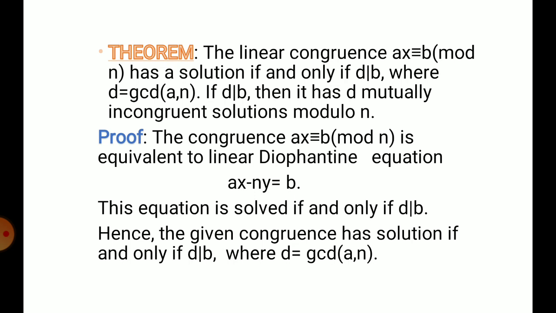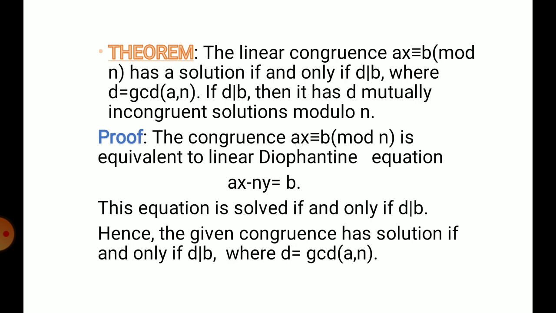Now we shall prove the theorem by using the Diophantine equation. Because the congruence ax ≡ b mod n is identical or equivalent to the Diophantine equation ax − ny = b.